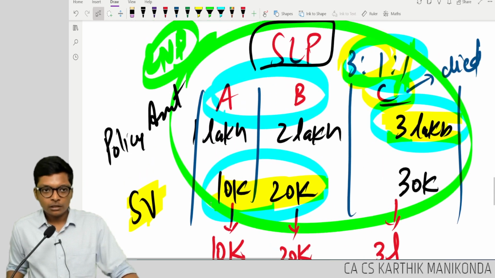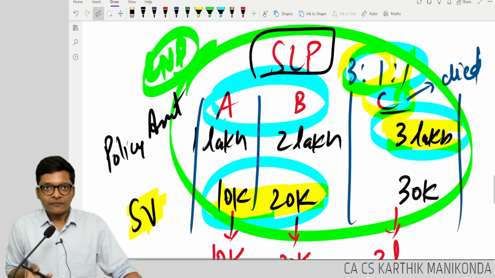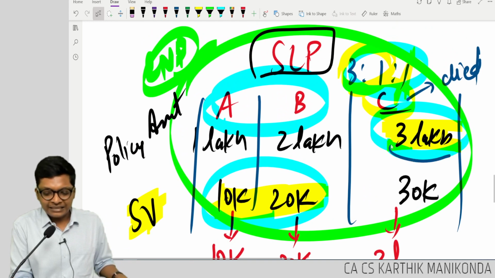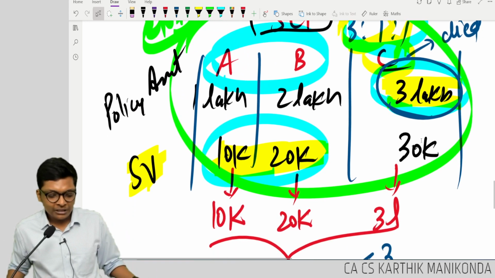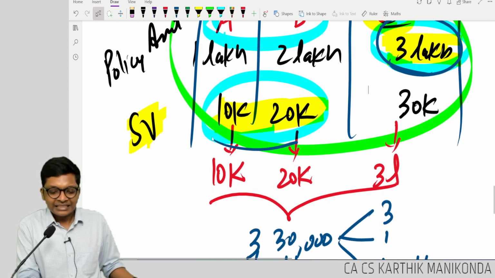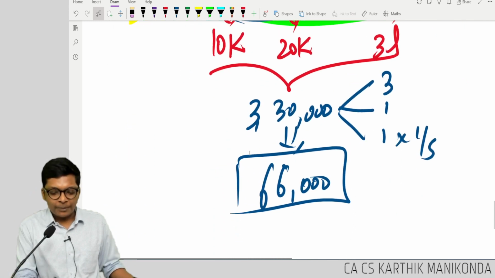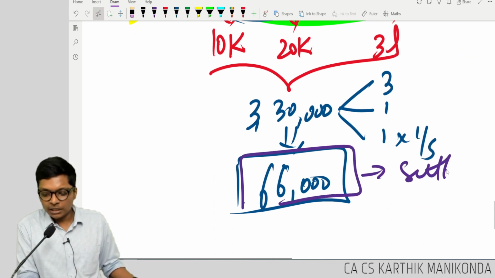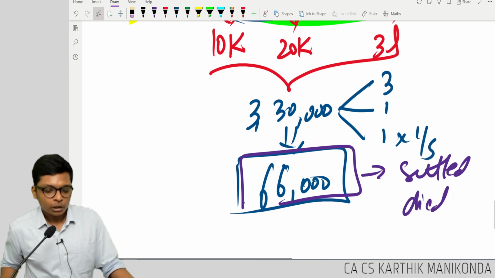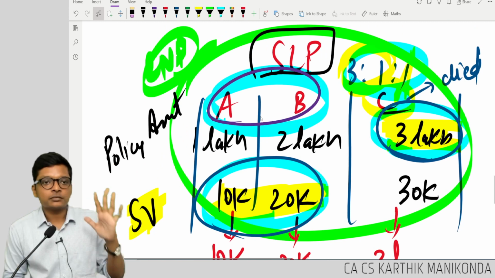Guys, are you understanding? So if a single life policy comes, whichever partner is dying, take that partner's policy amount and the other partners' surrender values, and share them between the partners in the profit sharing ratio. Why am I doing this? Because this amount should be settled to the person who died, that is, their legal heirs. What will A and B get? Nothing.